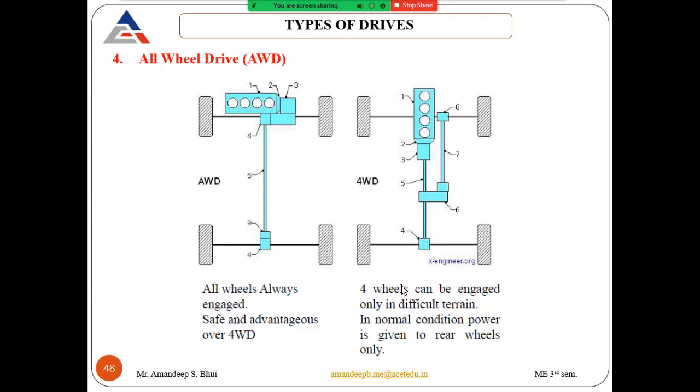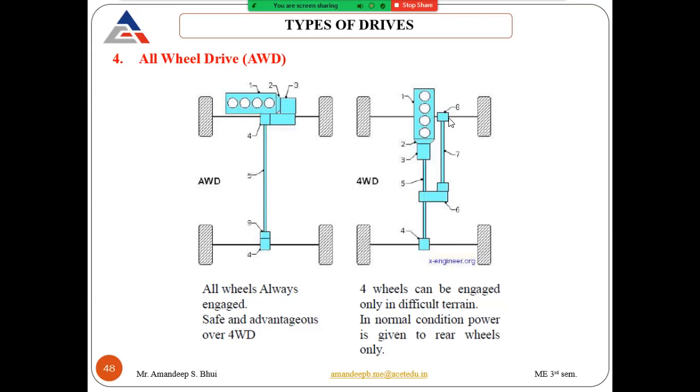Four-wheel drive can be engaged only in difficult terrain. In normal condition, power is only given to the rear wheels. So if your car is running normally, say off-road, the rear wheels will be provided the power. Now, if your car gets stuck in mud or in sand, you have a choice to transmit the power onto the front wheels.